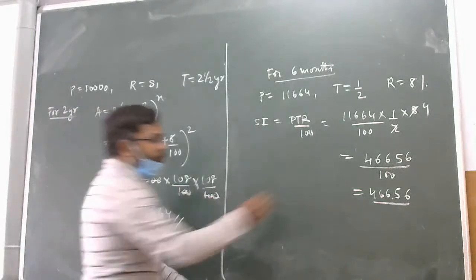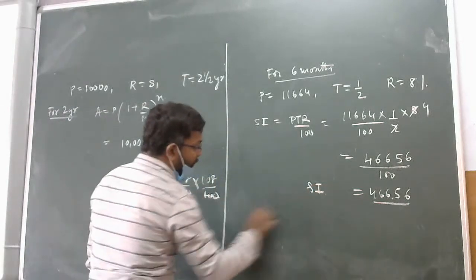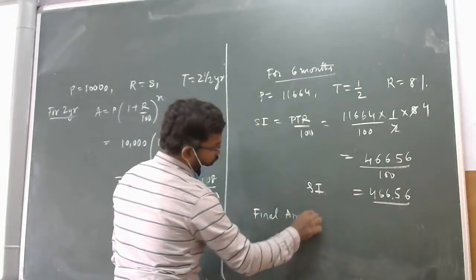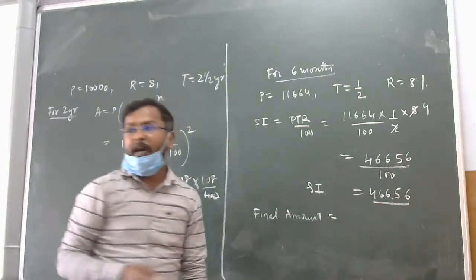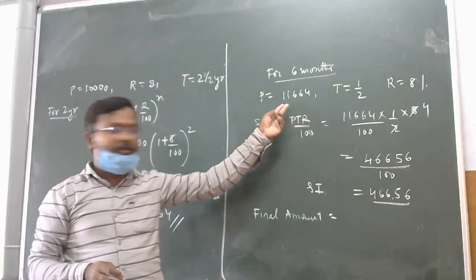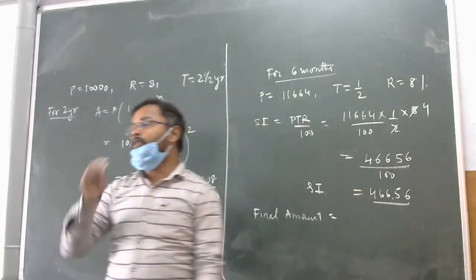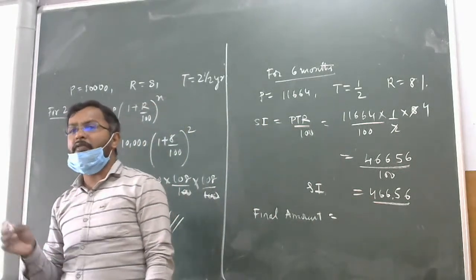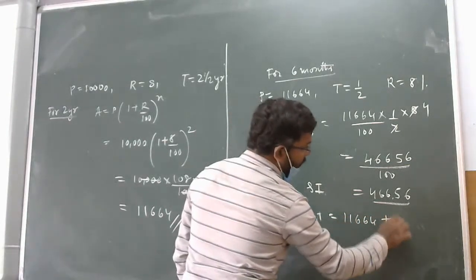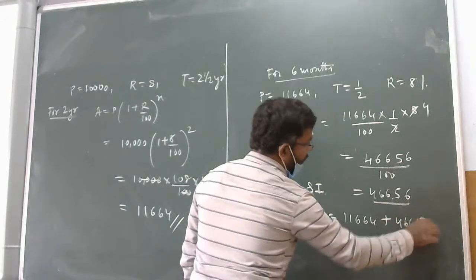So now we have to find the final amount. To find the final amount, this was your principal after 2 years and this is your simple interest. These two we have to add to find the final amount. 11,664 plus 466.56.